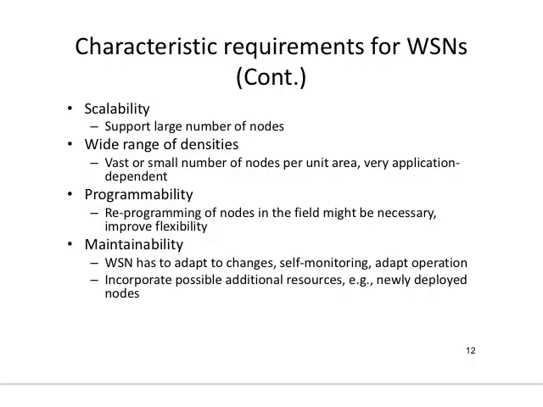So in that case, we end up with a diverse density of deployment for the sensors. Even for the same application, it can be very sparse, or very dense, or a mix of both. So again, my techniques and protocols need to be able to adapt to the different densities of the sensor networks. Okay.